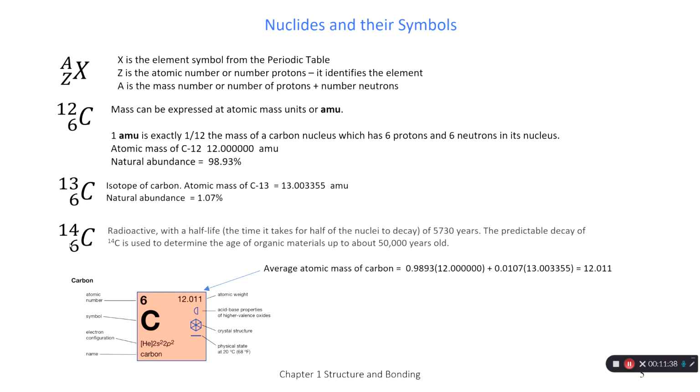Now you'll notice also here is carbon-14. What about carbon-14? You've heard of it, perhaps, carbon-14 dating. It's a radioactive isotope with a half-life of 5,730 years, and it can be used to determine the age of organic molecules up to about 50,000 years old. So if you want to date a piece of wood, you could use carbon-14 dating to do that.